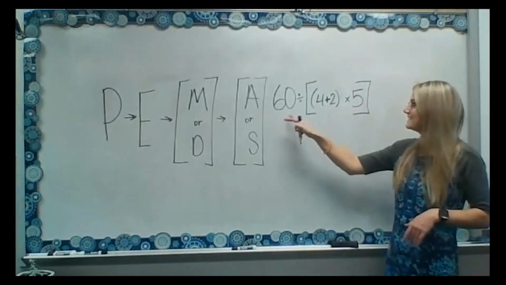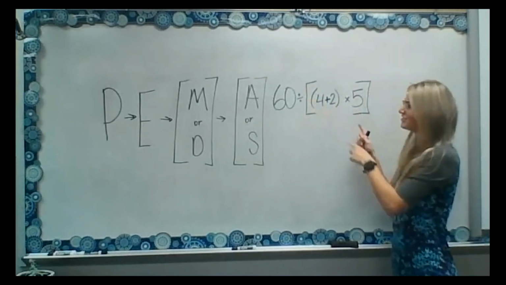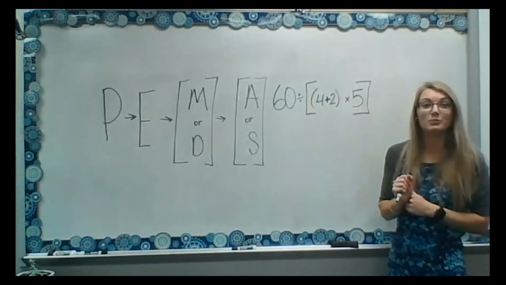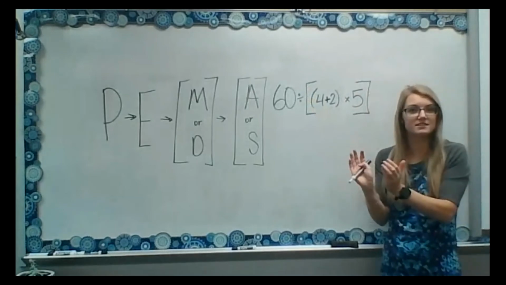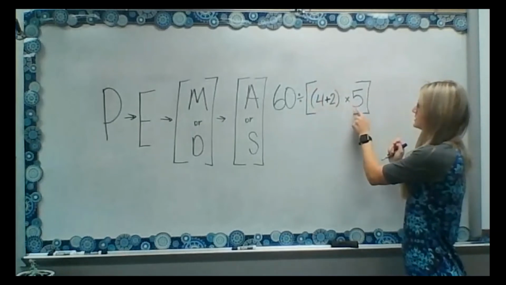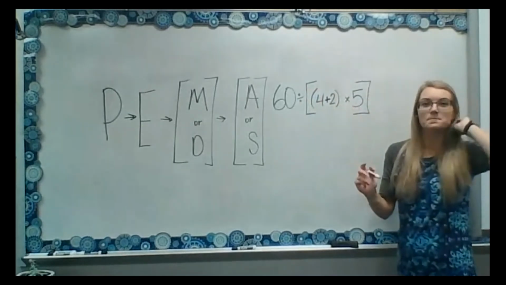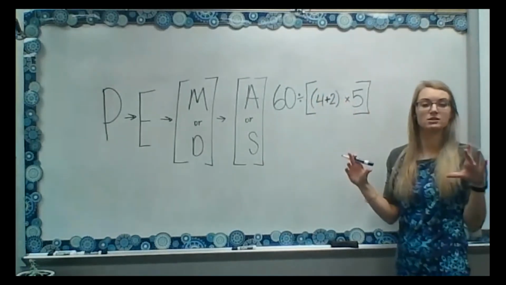Okay, here it is. 60 divided by, what are these? These weird little things. They're called brackets. Okay, brackets are just another form of parentheses. Okay, and so in those brackets we have 4 plus 2 times 5. Okay, we have to do the brackets first, right?